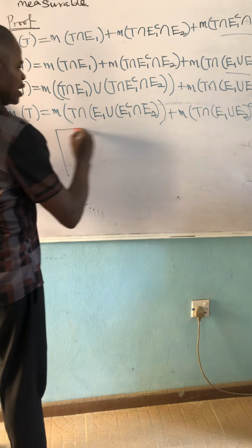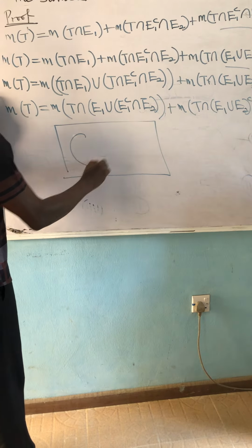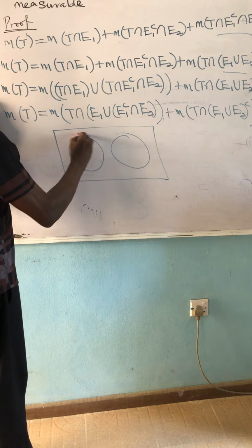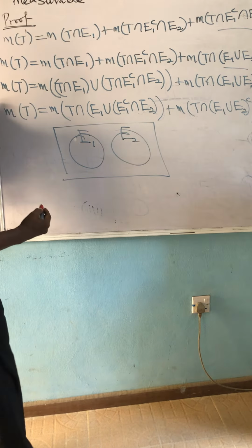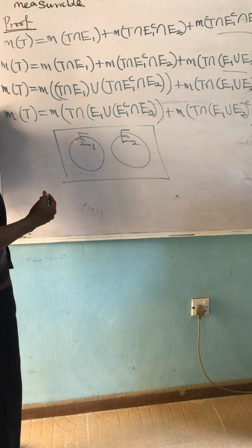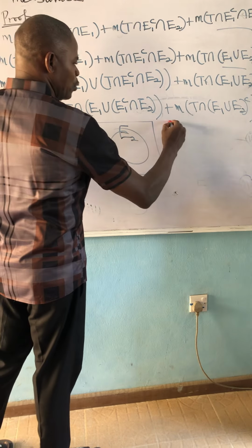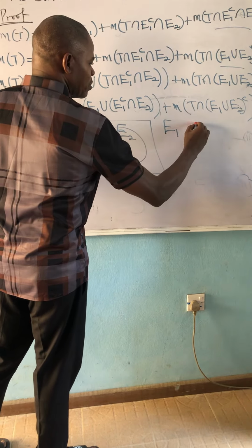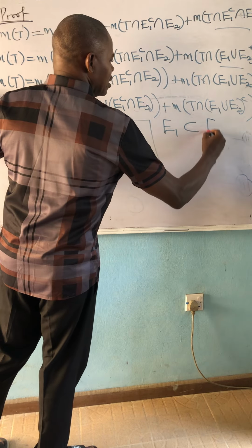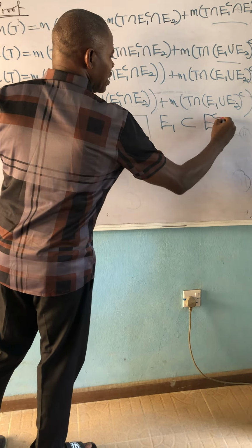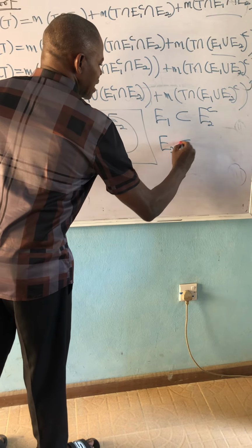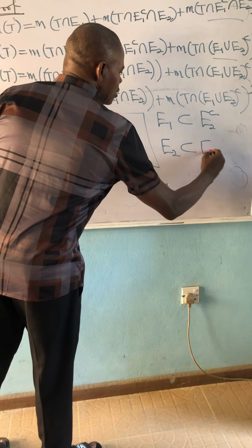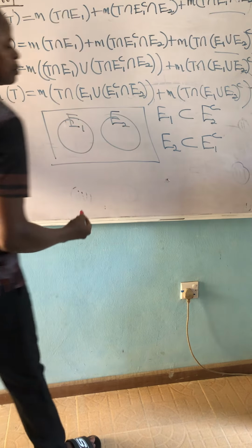Since E1 and E2 are disjoint sets, let this one be E1 and this one E2. From this, it is clear that E1 is a subset of E2 complement and E2 is a subset of E1 complement.